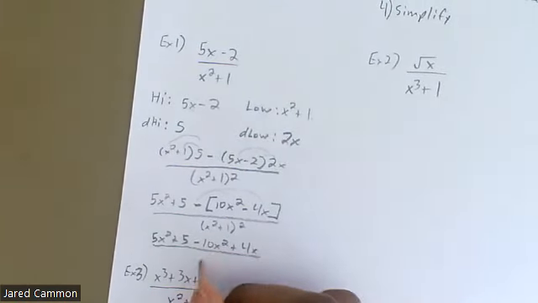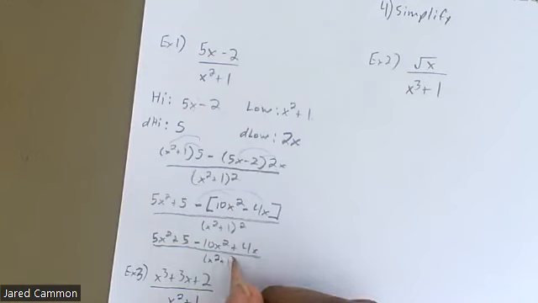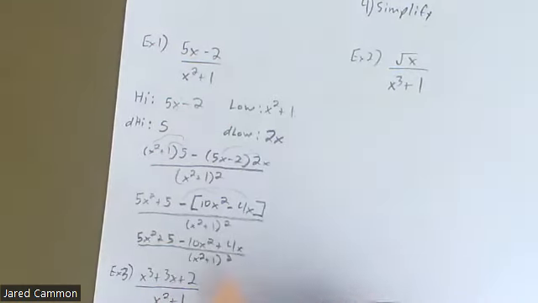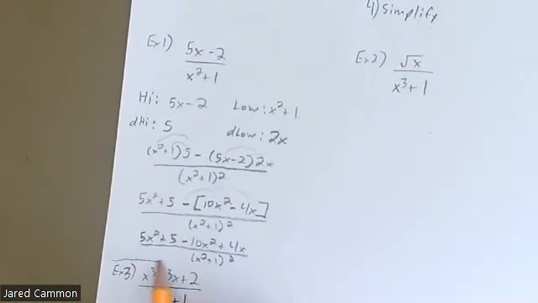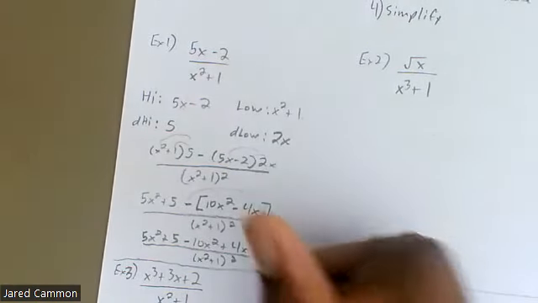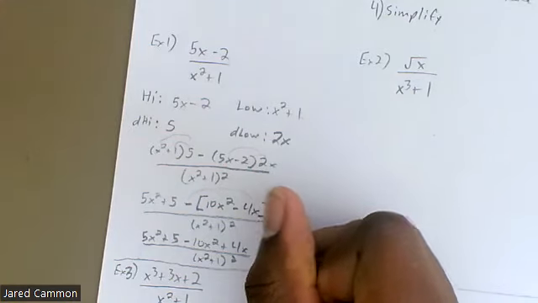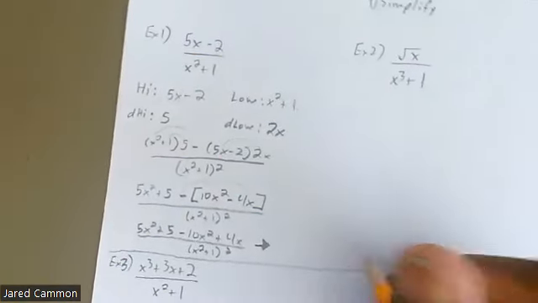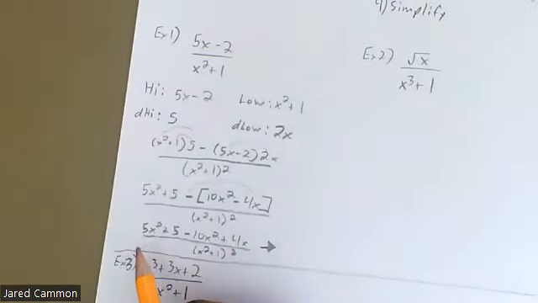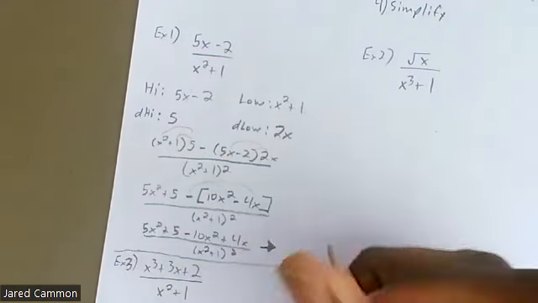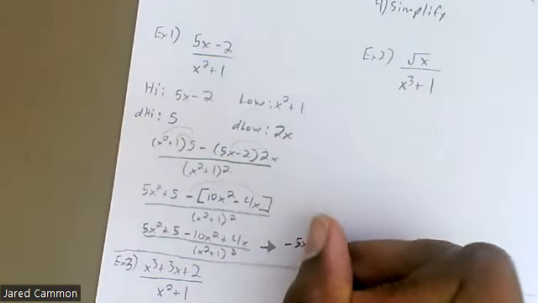continue on with what's at the bottom, which is x squared plus 1 squared. And then we're running out of room here, because this is the other example, so we're just going to move to the side here and finish simplifying. We have 5x squared, negative 10x squared. That gives us negative 5x squared.